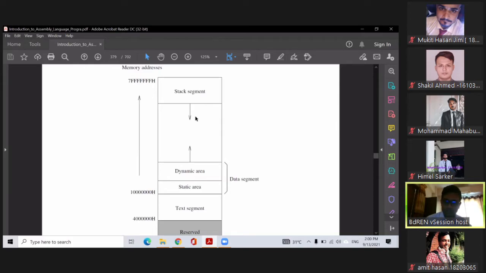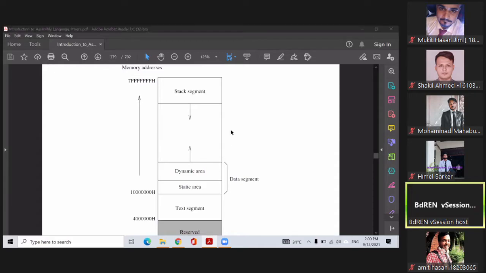Anyway, the third one is the stack segment. We know that the stack always starts from the top and comes down towards the lower part of the memory.